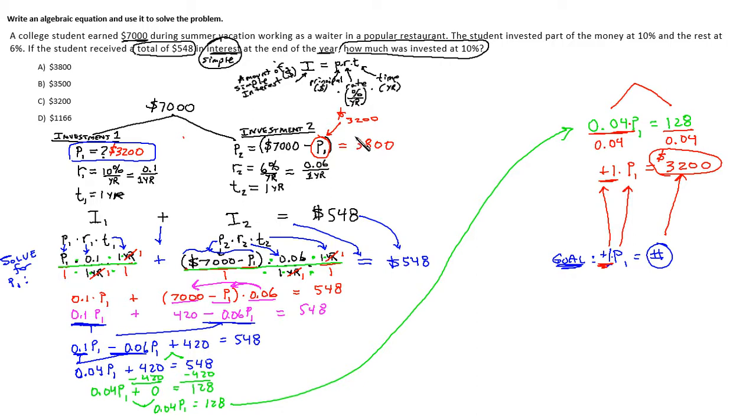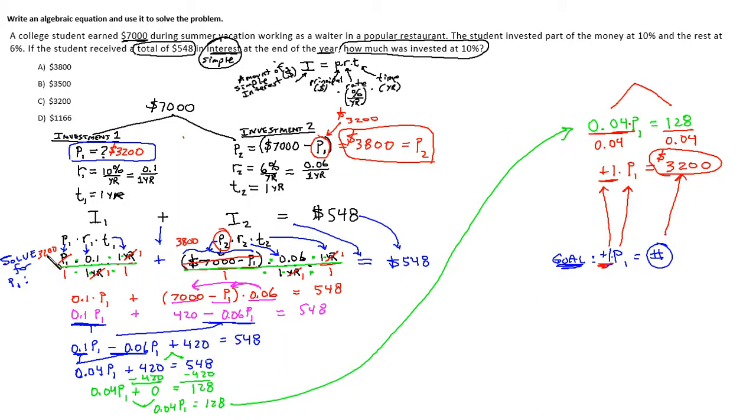Now the proper way to check this is, here's P2. We would come down here where we have P2 and replace it with 3,800. And here where we have P1, we would replace this with 3,200.